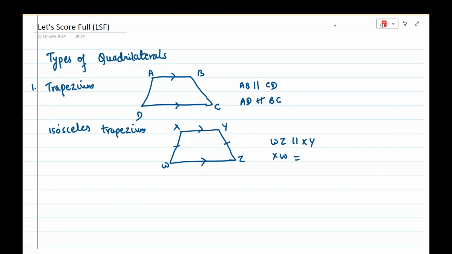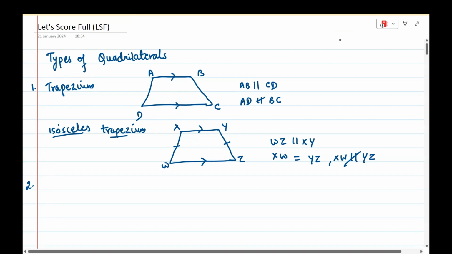XW is equal to YZ, but definitely XW is not parallel to YZ. So this is an isosceles trapezium. This term has come from the isosceles triangle where two sides are equal. In the same way, isosceles trapezium means the two non-parallel sides of a trapezium are equal.